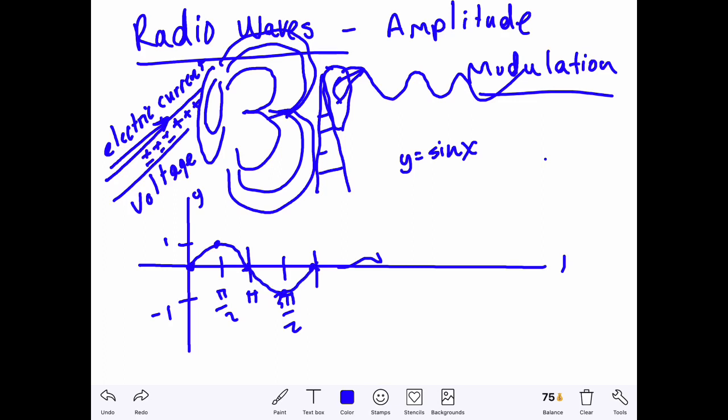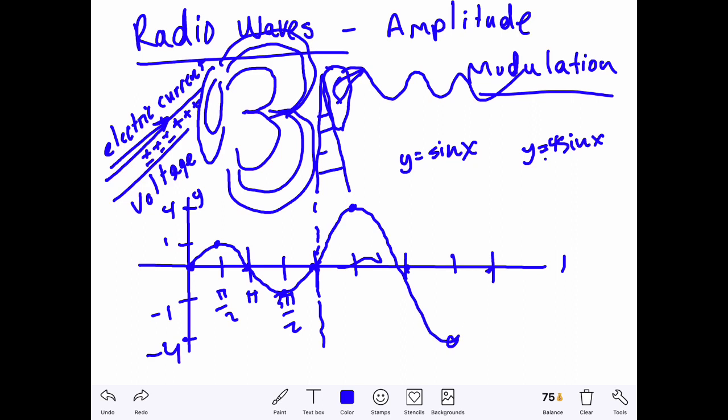Maybe on our next period, and there's the period, we had 4 sine of x. Well, that would change what's called my amplitude. Over the same period, it would essentially make my amplitude larger. So larger amplitude is essentially just a stronger signal wave.